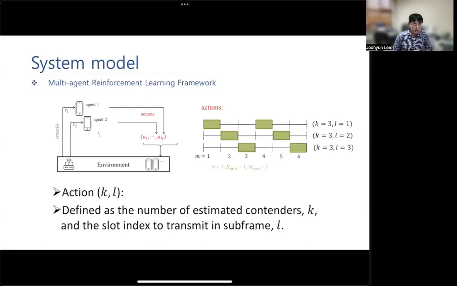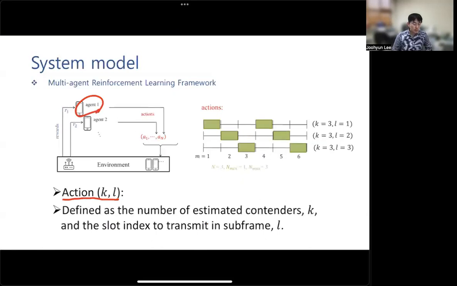So again, as an agent, the task is to choose an action, or two numbers K and L, such that the reward is maximized.